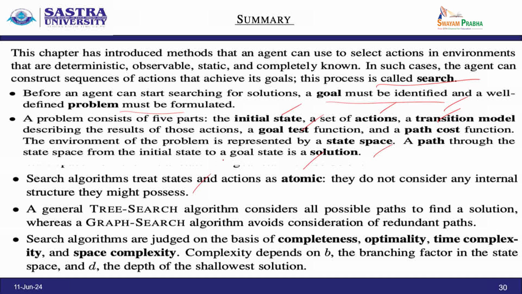A general tree search algorithm considers all possible paths to find a solution, whereas a graph search algorithm avoids consideration of redundant paths. Search algorithms are judged on the basis of completeness, optimality, time complexity and space complexity. Complexity depends on b, the branching factor in the state space, and d, the depth of the shallowest solution.